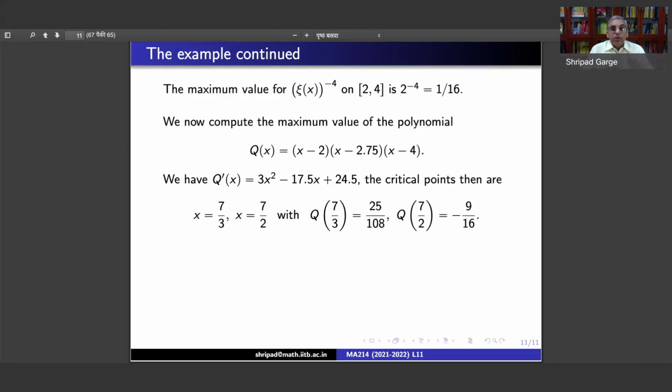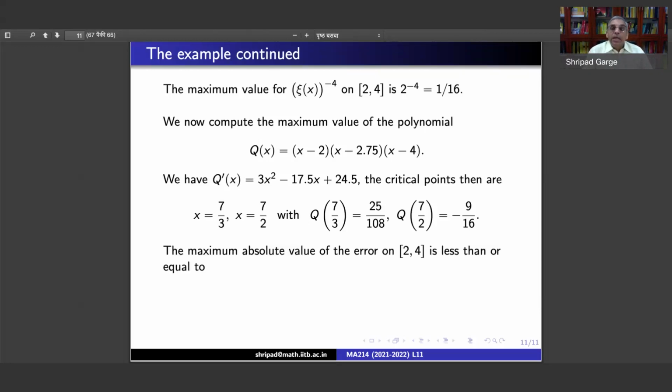So to compute the maximum value of the polynomial q x, compute the critical points, compute those values, and compare also the endpoints. q takes value 0 at 2 and 4, so those are to be ignored, and therefore the maximum value is 9 by 16 under modulus.